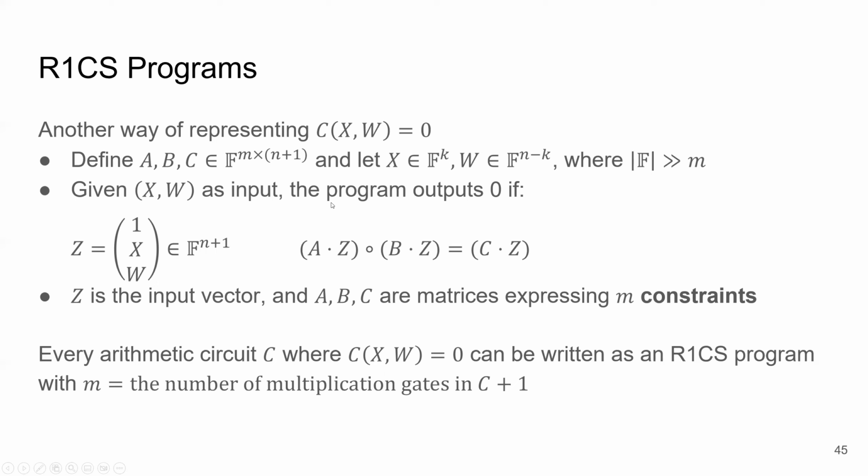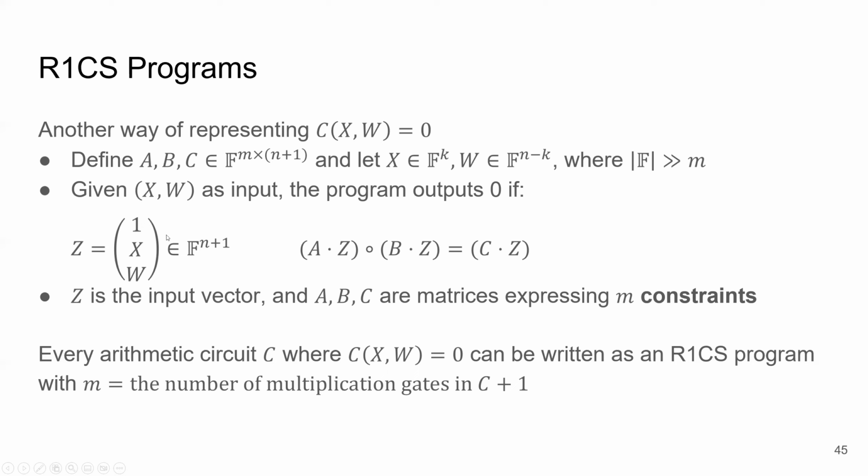The program will output 0 if the dot product of a and z times the dot product of b and z, this is an element-wise multiplication, is equal to the dot product of c and z. If this is true, the program will output 0. And we're going to argue that that is equivalent to generating an arithmetic circuit that evaluates to 0.